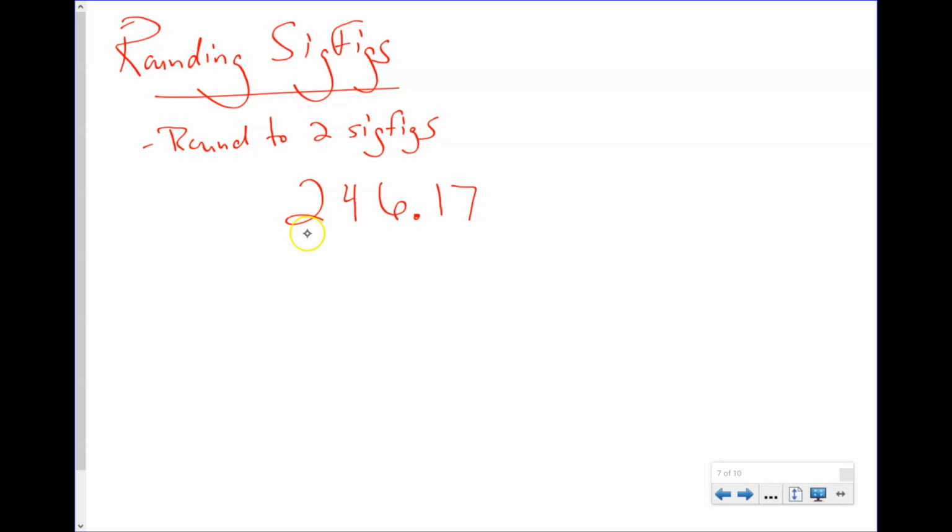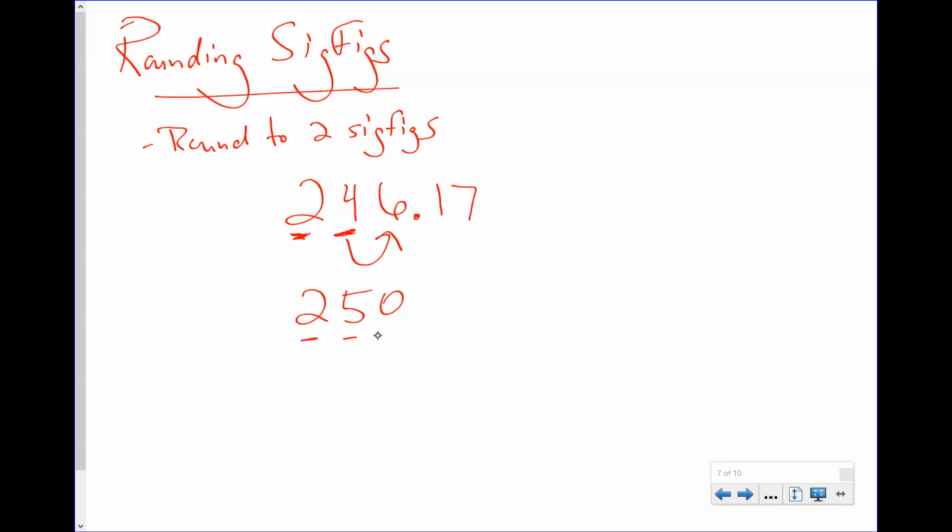So in this case, the 2 is in the hundreds place, and the 4 is in the tens place. So those 2 hold the most value. So those would be the 2 significant figures that I would round to. So I come over here to this 4, I look to the right of it, and I just use normal rounding rules. That 6 is higher than 5, so that 4 is going to go up, and then that 6 becomes a 0, and everything else drops off. So 250 has 2 significant figures. So 246.17 rounded to 2 sig figs is 250.